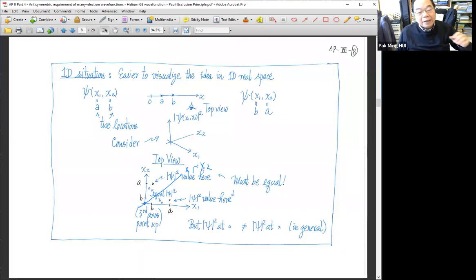It looks like a mirror. On one side of the diagonal mirror, the number is the same as the equivalent place on the other side of the mirror. That is what phi 12 squared equals phi 21 squared means, okay?